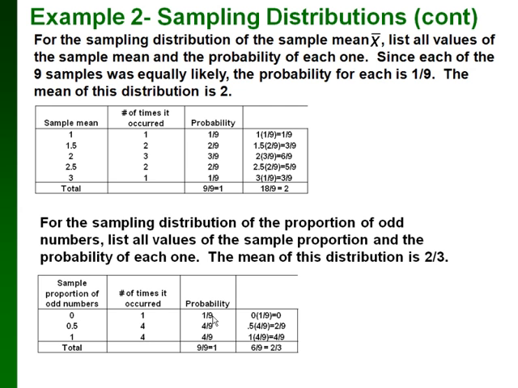And then again, since each of those 9 samples were equally likely, our probabilities are just 1/9 times the frequency of each one of those sample proportions. In this case, the expected value of our sampling distribution turns out to be 2/3. And again, if we think about our original process using the spinner, 2 out of the 3 numbers were odd numbers. So the population proportion for this would also be 2/3.